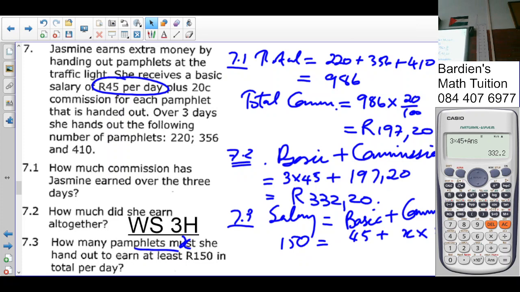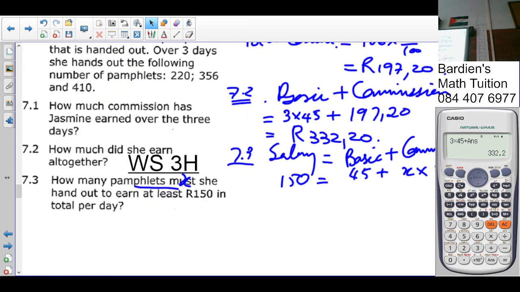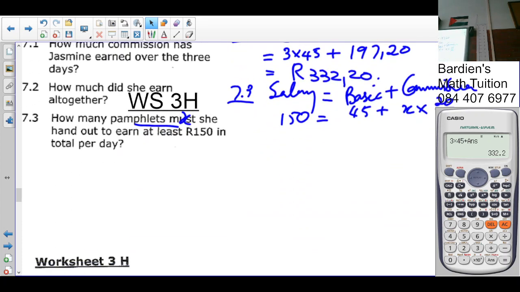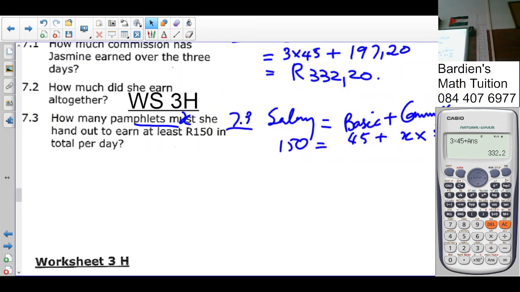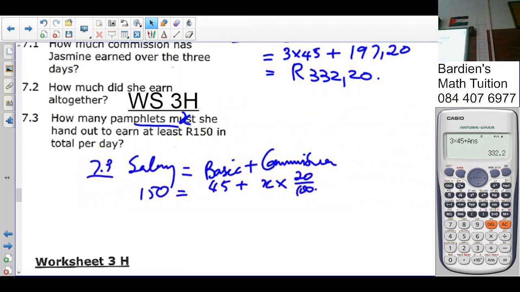You guys understand? So what do we do? We first take 45 over. So it's 150 minus 45, which is 105, equals x times 0.2.